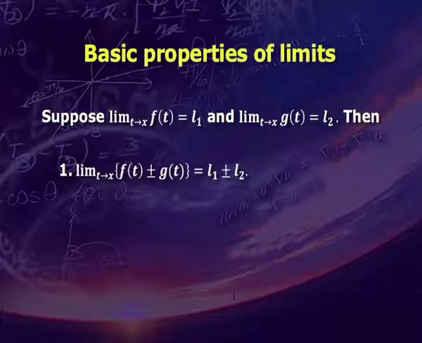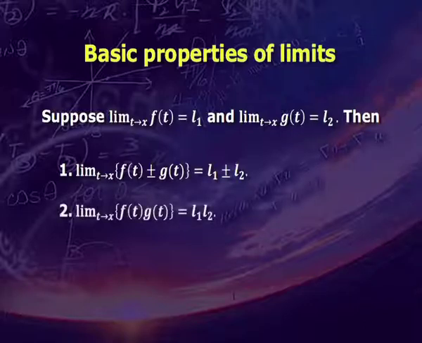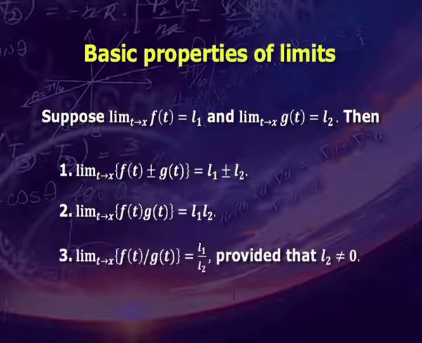Then: 1, the limit of f(t) plus or minus g(t) as t goes to x is L1 plus or minus L2. 2, the limit of f(t) times g(t) as t goes to x is equal to L1 times L2. 3, the limit of f(t) over g(t) as t goes to x is L1 over L2, provided that L2 is not 0. Note that the first two properties also hold if we have any finite number of functions instead of 2.